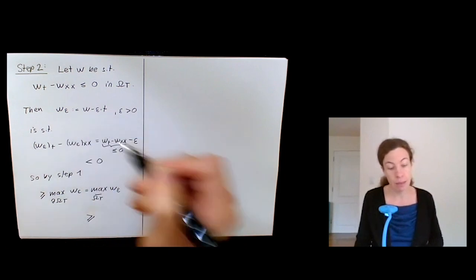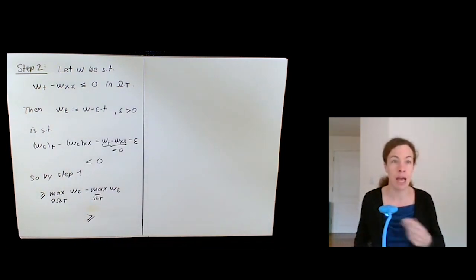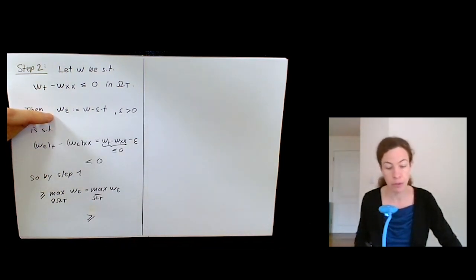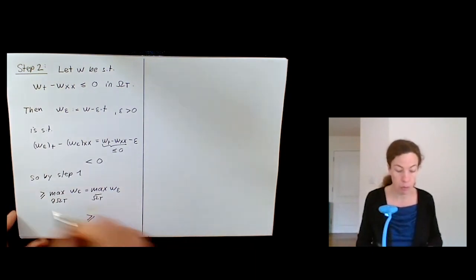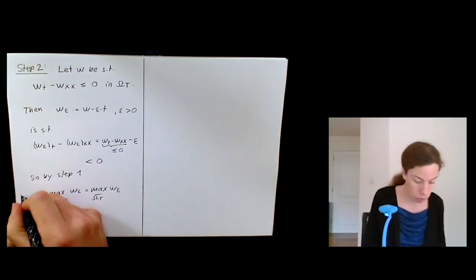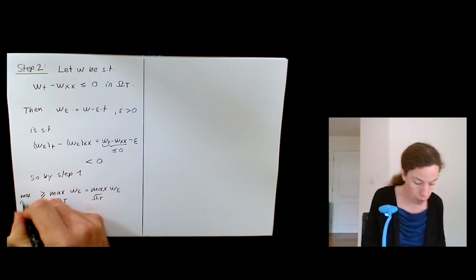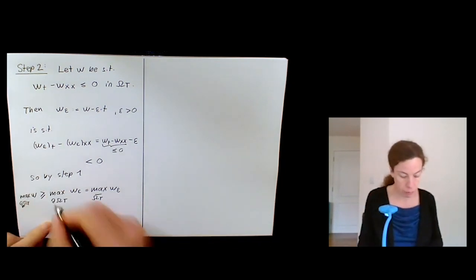Now, if I look at the definition of my auxiliary function, I immediately see that W epsilon is less than or equal to W, so I can bound the left-hand side just with the maximum over the parabolic boundary of the function W itself.